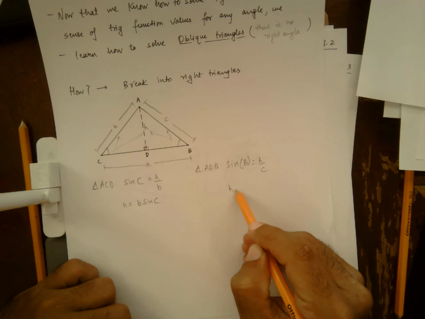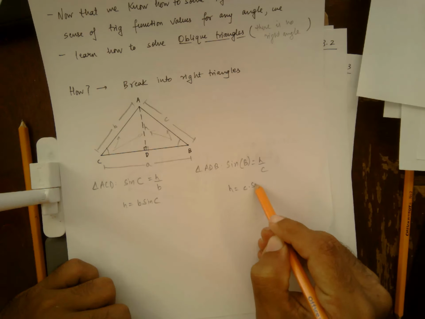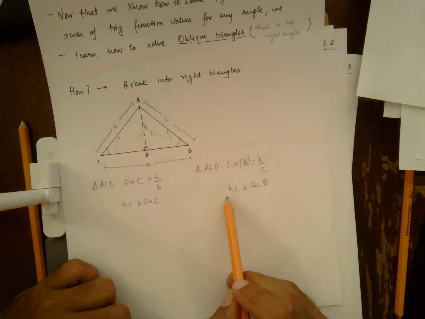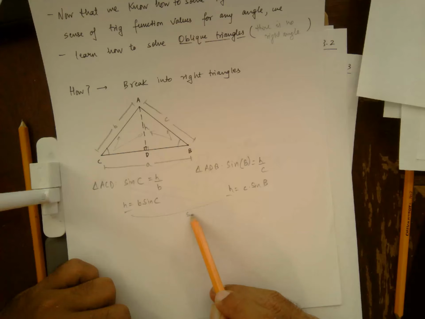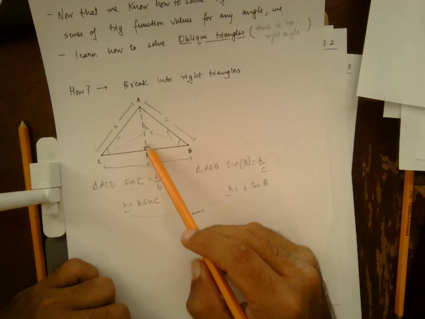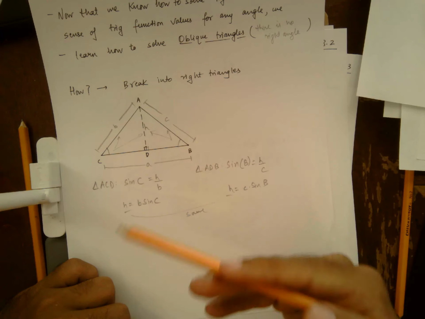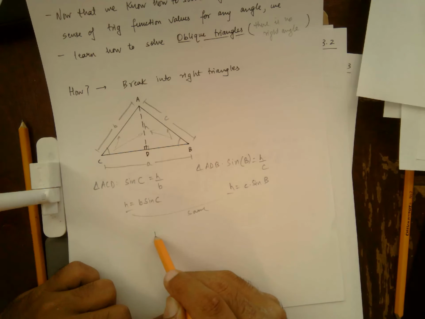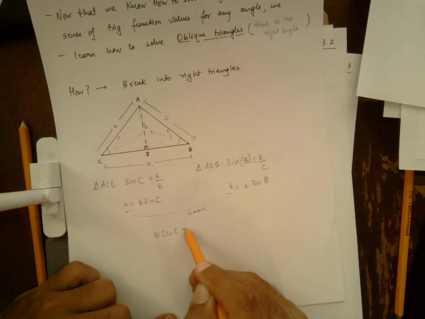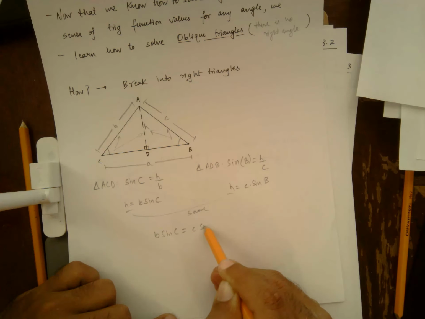Cross multiplying, I get h is c times sine B. But these are the same. That's the height which is shared by these triangles. So it has to have the same value, which means b times sine C should equal c times sine B.